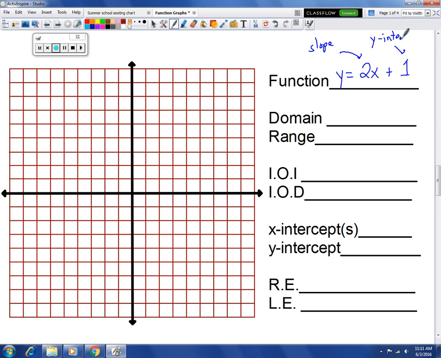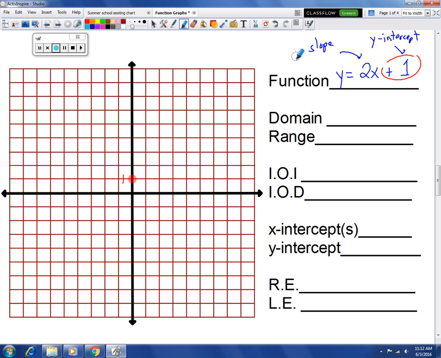Y-intercept is 1. I always start with the y-intercept. The y-intercept goes on the y-axis, positive 1 right there. So the point is right here, 1 on the y-axis. Now the slope is 2.